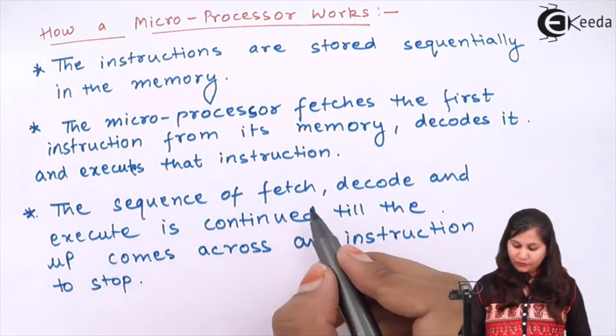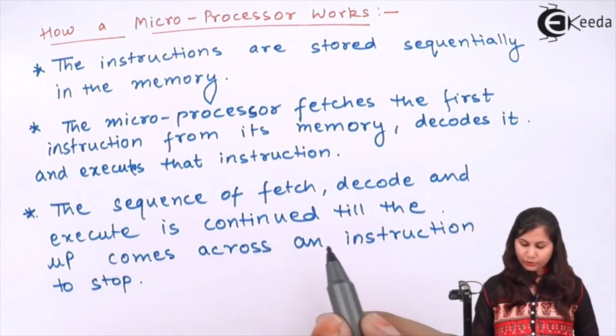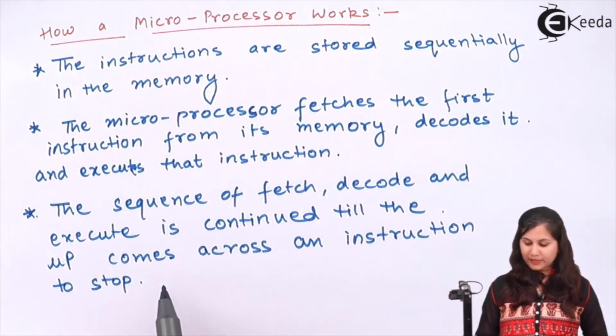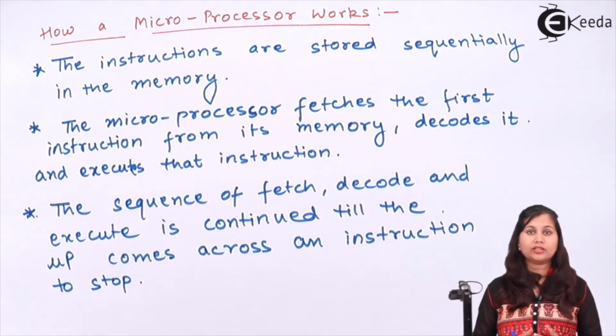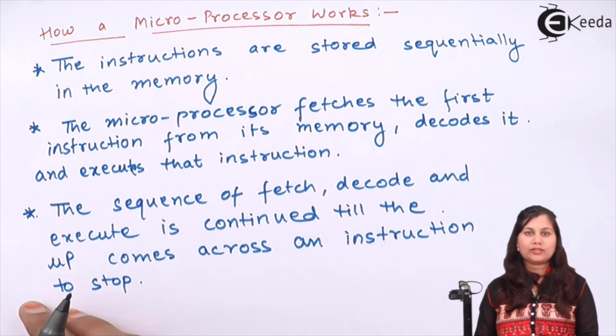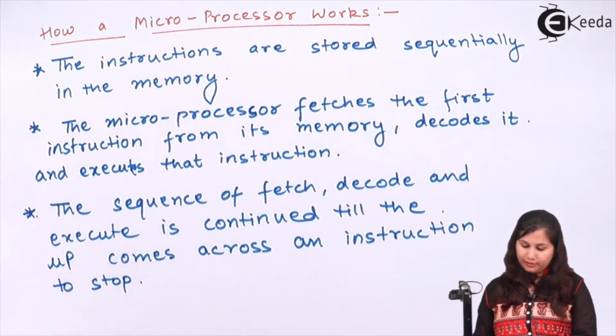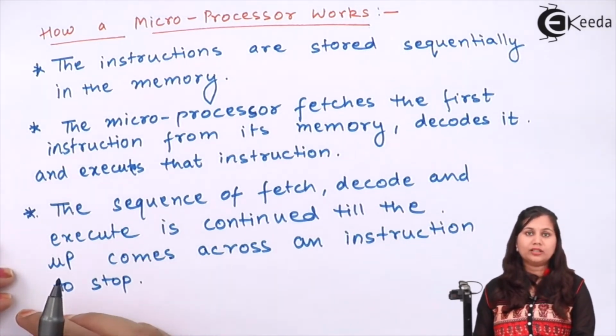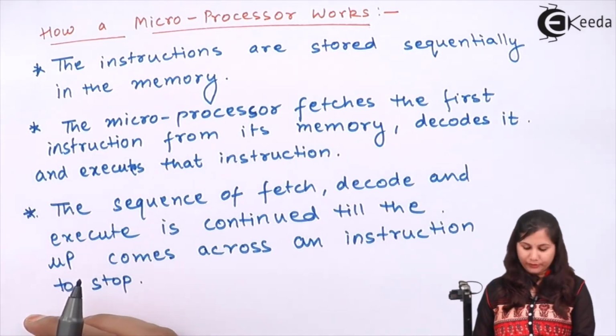So the sequence of fetch, decode and execute is continued till the microprocessor comes across an instruction to stop the cycle or to stop its function. Now it has to end the operation and give the result to the user.